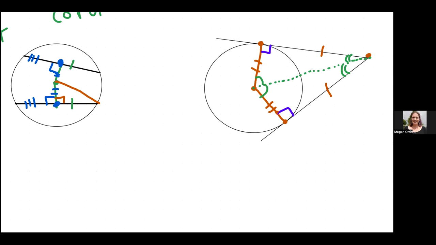This rule is going to be really important. They're going to use it a lot. So those two sides are equal. That one and that one are equal, and these ones and these ones are equal. Well, these are both radii. So even if I move it like this, it's still.